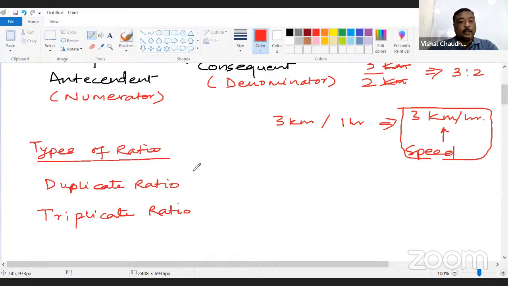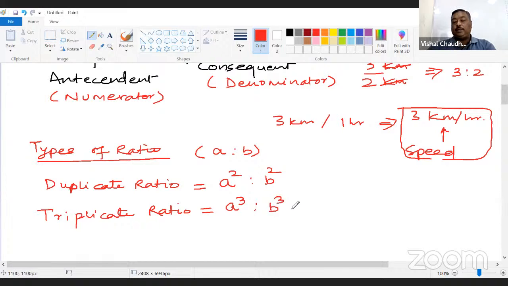Now, duplicate ratio, pay attention to this. If A is to B is in ratio, duplicate ratio is A square is to B square. And what is triplicate ratio? Triplicate ratio is A cube is to B cube.